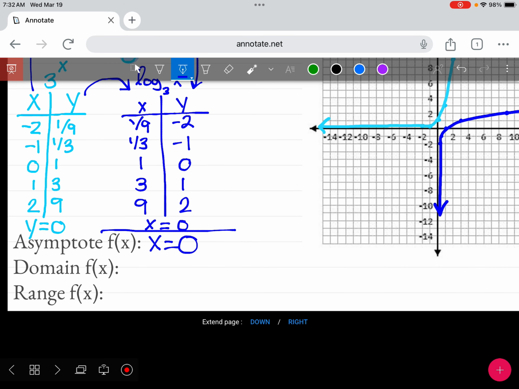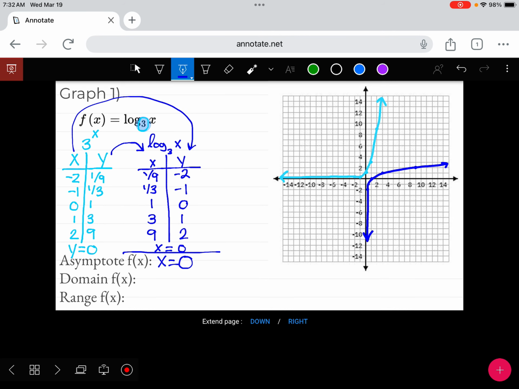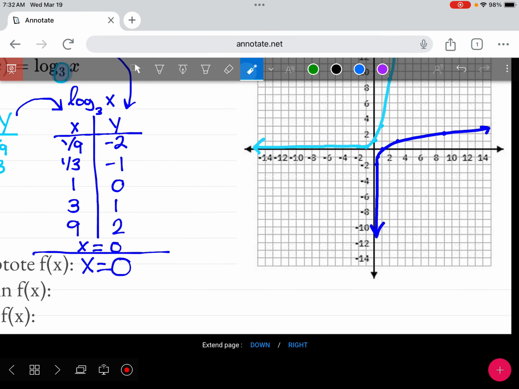What is our domain for our logarithm here, for our dark blue piece, because they're both blue? What's our domain going to be? Negative, positive? Does this go to -infinity?